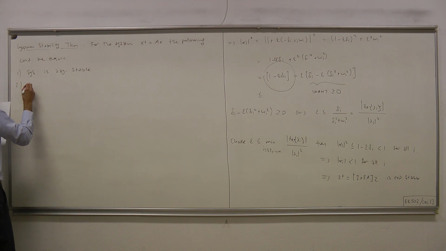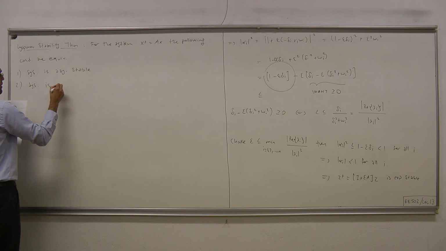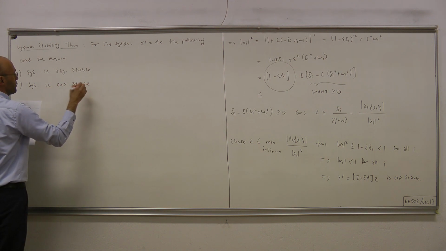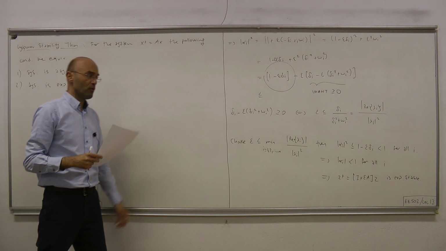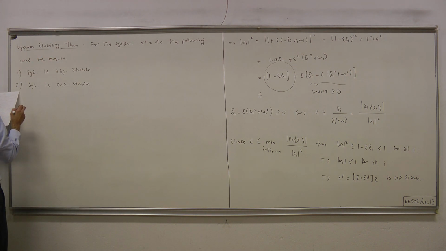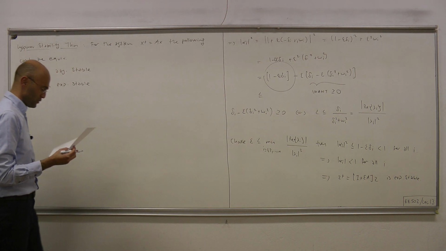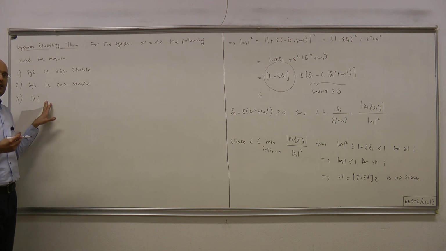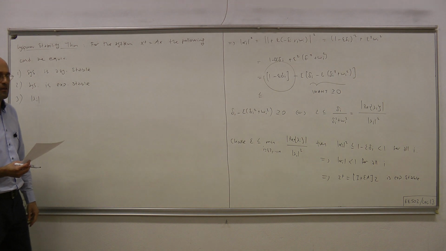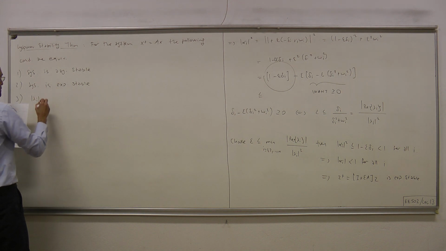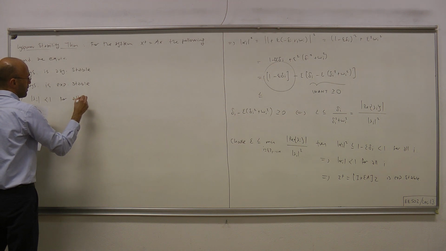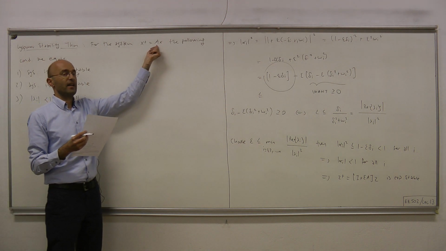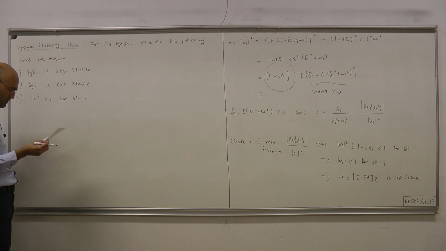Okay. 2, system is exponentially stable. Okay, we know that they're the same thing for an LTI system. 3 is the eigenvalue characterization, which comes from our first theorem this hour, namely all the eigenvalues lie in the open unit disk, or they are with magnitude strictly less than unity for all I. Okay, lambda I is the eigenvalue of the matrix A.